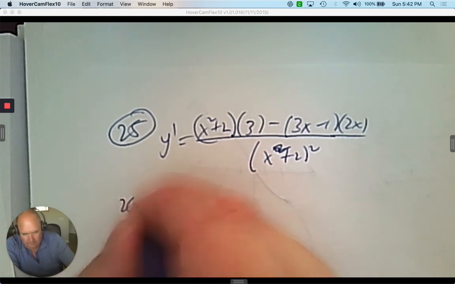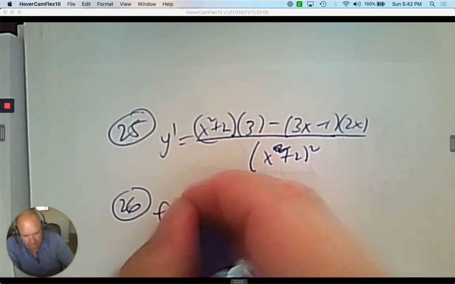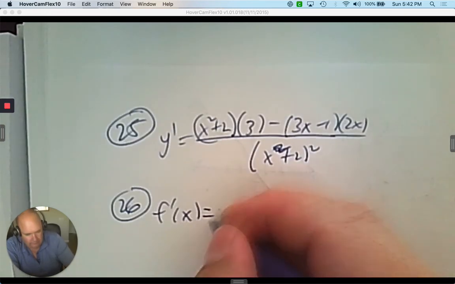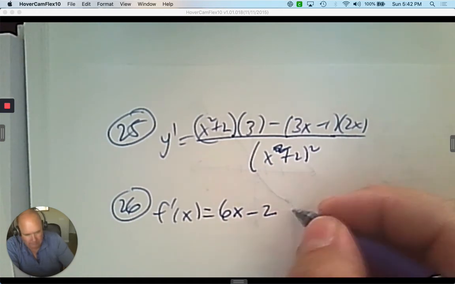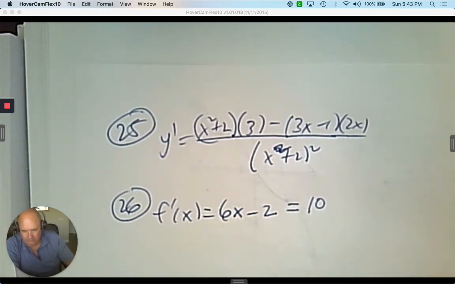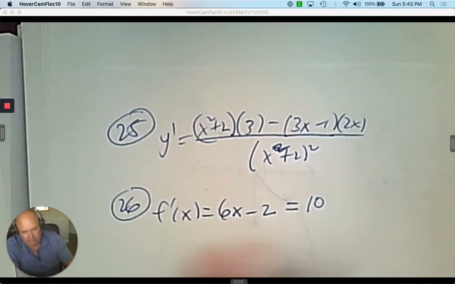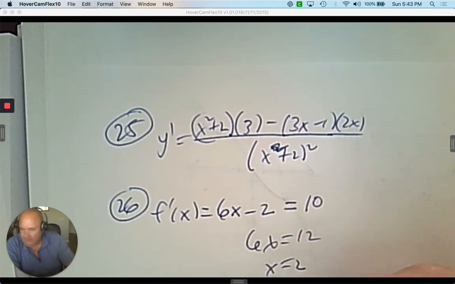26. Find a point tangent. That means derivative. So I'm going to take the derivative of f at x, 6x minus 2. Parallel means the same slope. So the slope of that line that I see is 10. Take the derivative equal to 10. Add 2, divide, and it says the point. So x is 2.